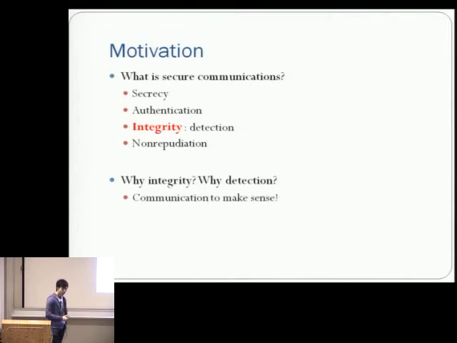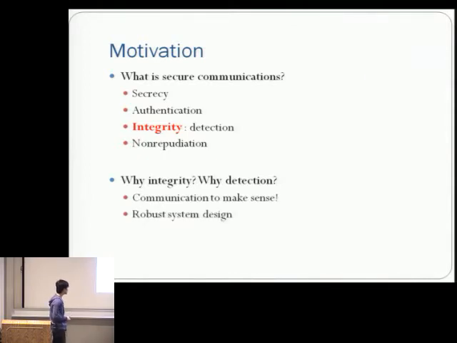The first reason is that it's the weakest requirement for communication to make any sense. Because if you cannot be sure that you get the data as it is, what's the point to communicate? You can just get some random junk.